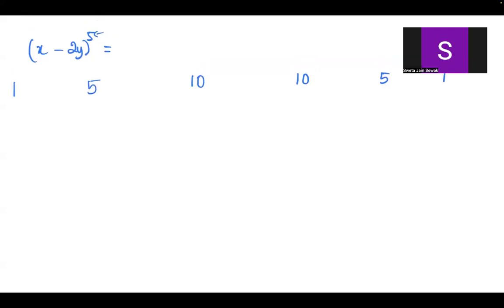Okay, so then let's start with now, what is our A here? The A is x, and what's the B? It's minus 2y. So let's start the expansion.